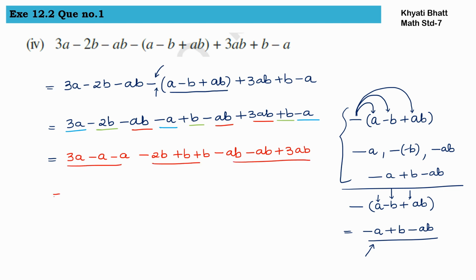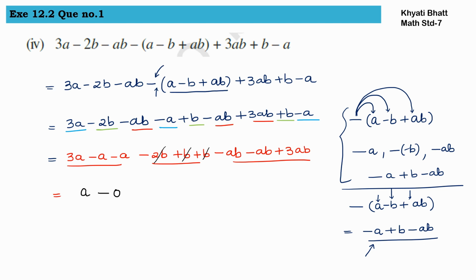So we will get here 3a minus 2a, so it is a. Then comes minus 2b plus b plus b. So minus 2b and b we can cancel it off because this will give us plus 2b. So minus 2b and plus 2b will be 0. So here I am going to write 0 because this term will give us 0.